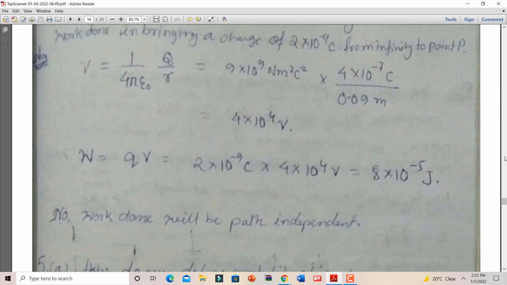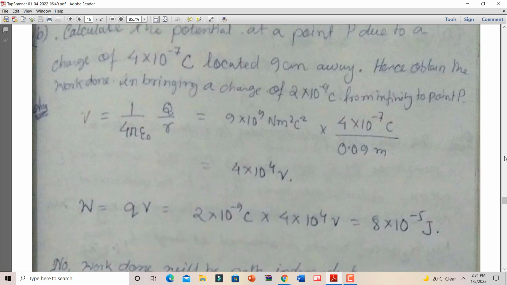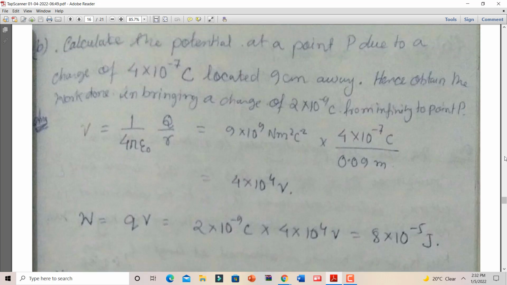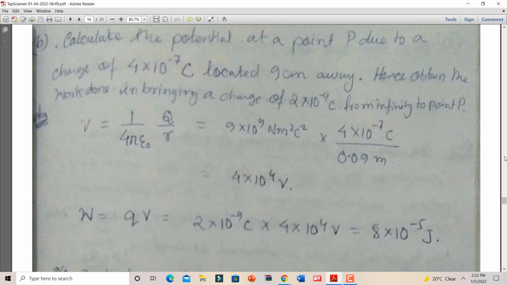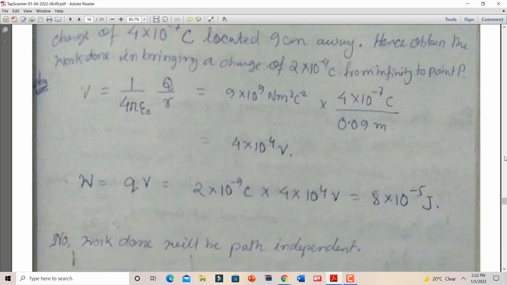The charge we are provided with is 4 into 10 to the power minus 7 coulomb, and the distance is given to be 9 centimeter. If we convert it into meter, we will get 0.09 meter, and calculating this we will get 4 into 10 to the power 4 volt.